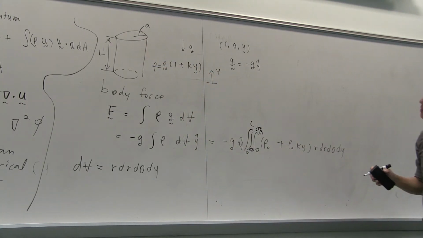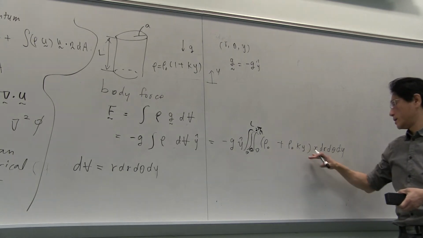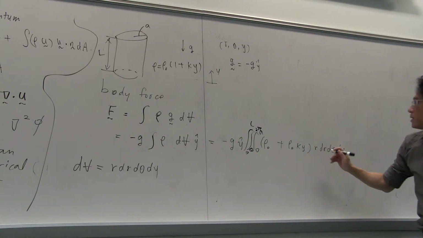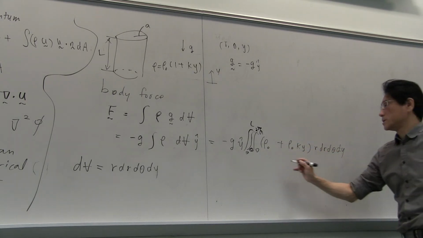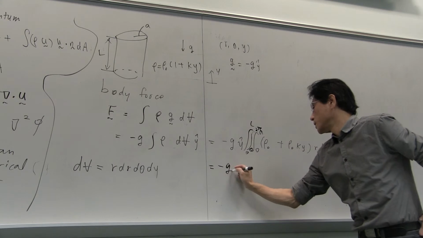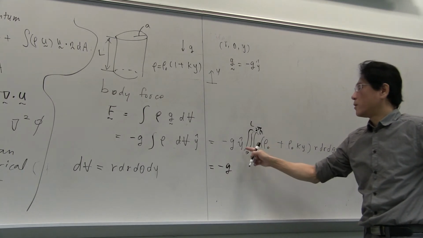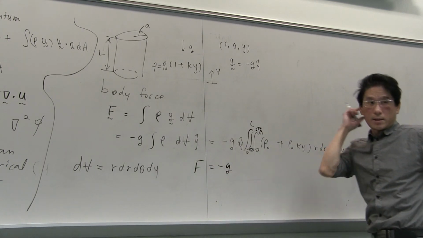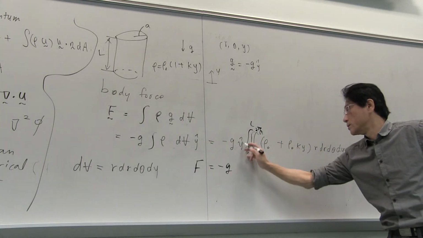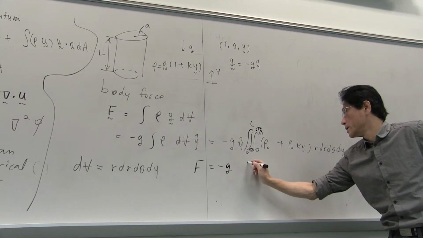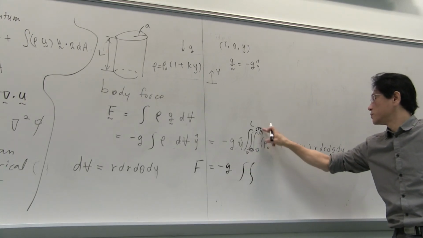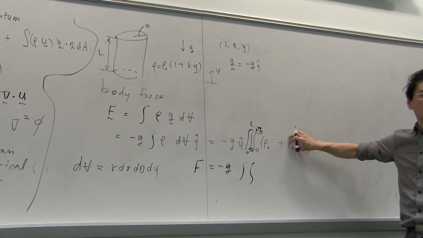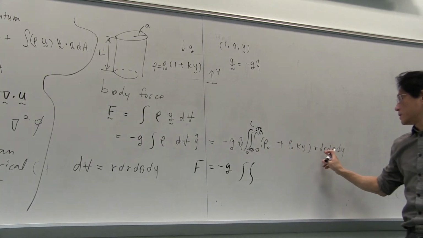Now I'm going to break these terms up: this times this, and this times this. There's the negative g. From now on I'll forget about the y vector and just use the scalar. The integral over theta from 0 to 2 pi is nothing to worry about, because there's no theta in the function, so it's just 2 pi.